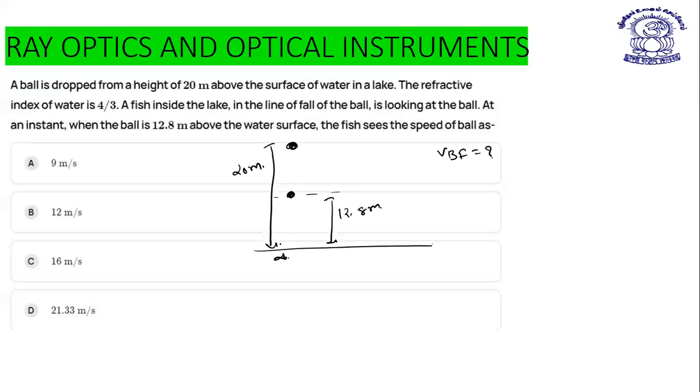It has traveled the distance 20 minus 12.8, that is 7.2 meter. So its velocity can be found as v squared is equal to initial velocity 0 plus 2 into 9.8 into s, that is 7.2.